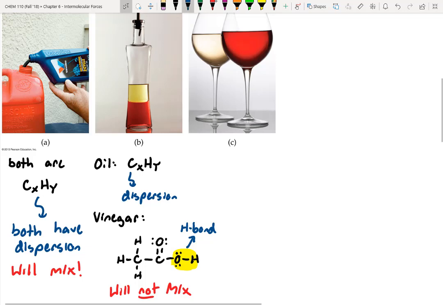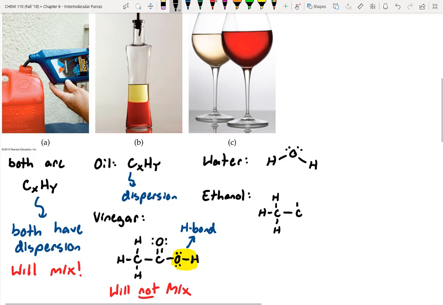All right, so the first thing that we have is water, which is pretty easy to remember, the Lewis structure for water. And then we also have ethanol, which is a unique alcohol. It's got 2 carbons coming off of it, an oxygen and a hydrogen.